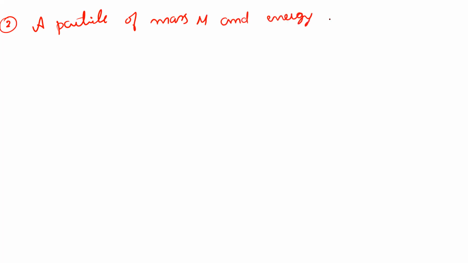Okay, let's look at another problem. A particle of mass m and energy E decays into 2 identical particles. In the lab frame, one of them is emitted at a 90-degree angle, right? So I'll just write: a particle of mass m and energy E decays into 2 identical particles.